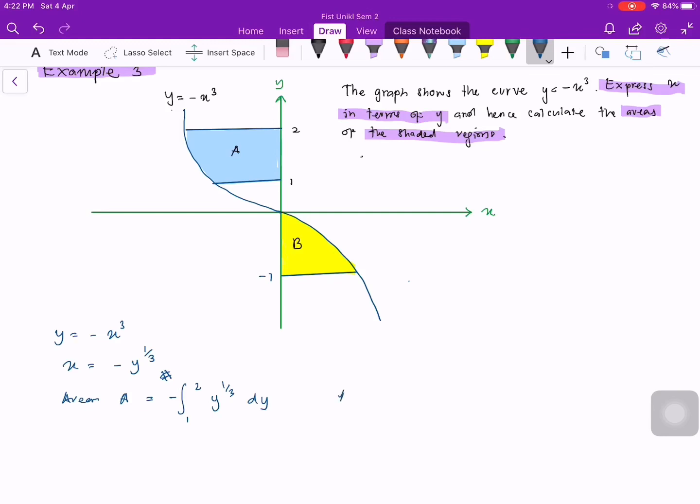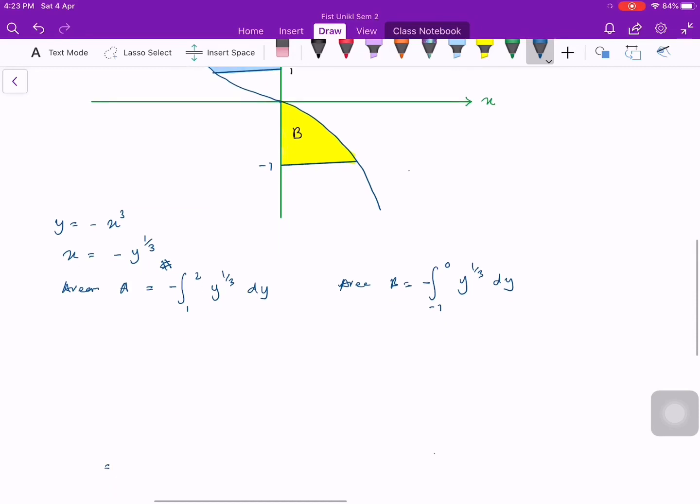And for area B, okay, area B, so the limit is actually from -1 to 0. Okay, so sama juga negatif saya akan letak di luar, because negative is actually a negative 1, which is y to the power of 1/3 dy. Okay, so let's calculate for area A. So dekat sini for negative saya keluarkan.